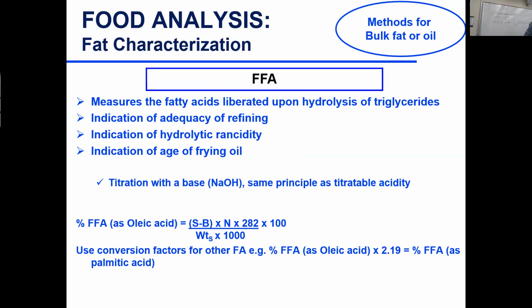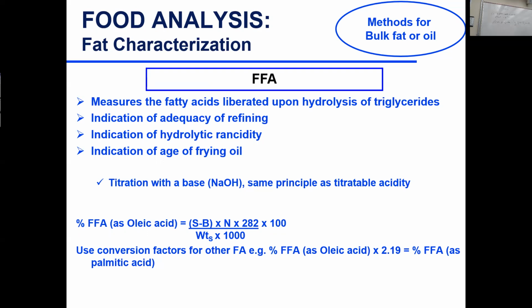Because they're acids, the easy way to quantitate them is by titration with a base. You have a sample, you add an indicator, a phenolphthalein indicator, I believe, to your fatty acid, or whatever oil you have that might have free fatty acids.